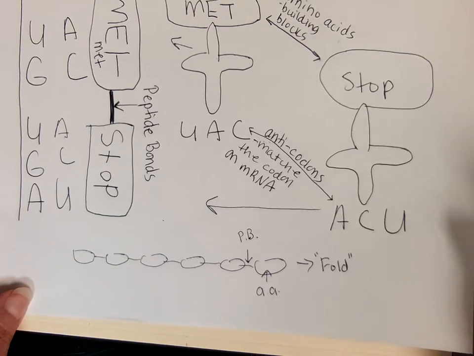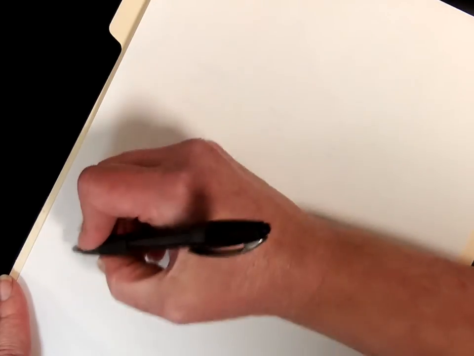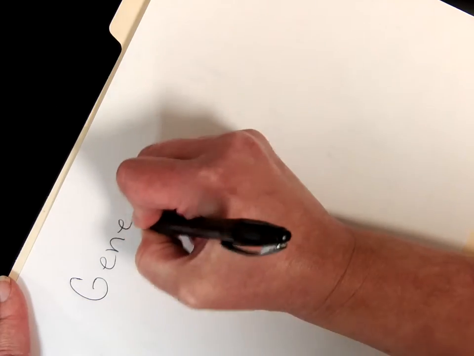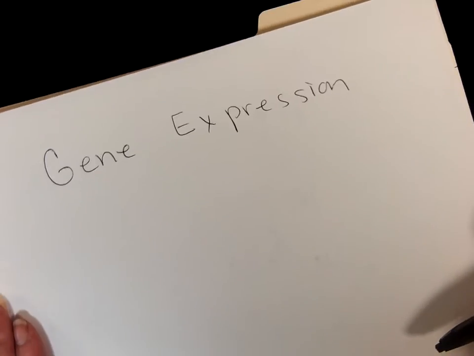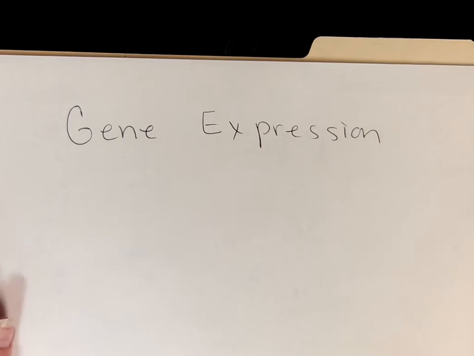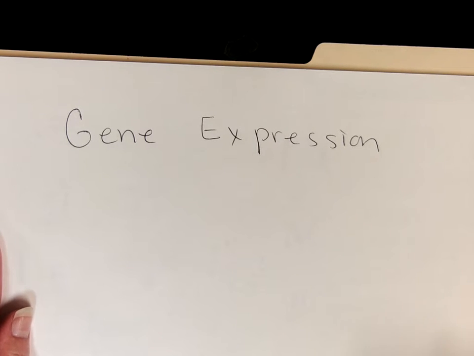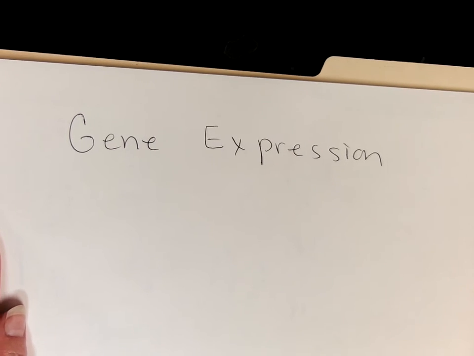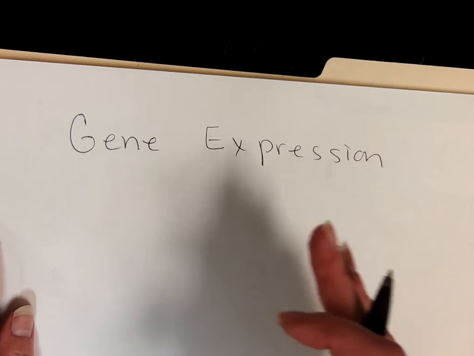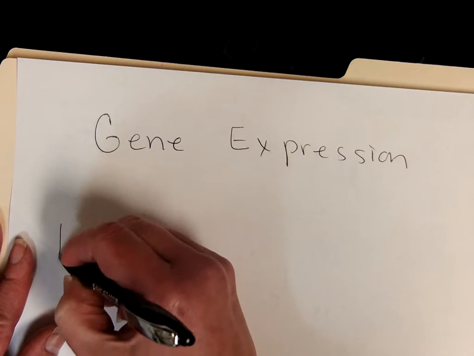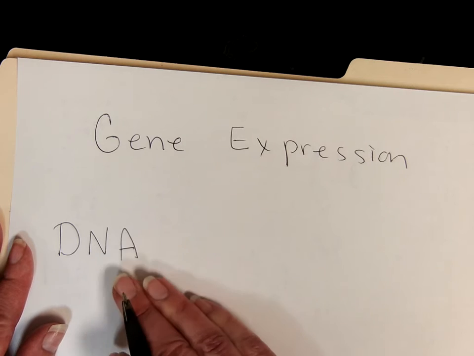Now when we're looking at this all together, what we're looking at is what's called gene expression. So how do those genes on those chromosomes end up becoming hair or fingernails or enzymes? How does that happen? And basically, we're going to start with that genetic code in the DNA.